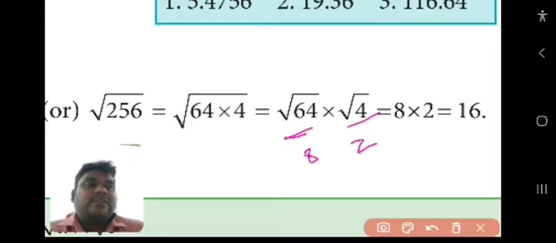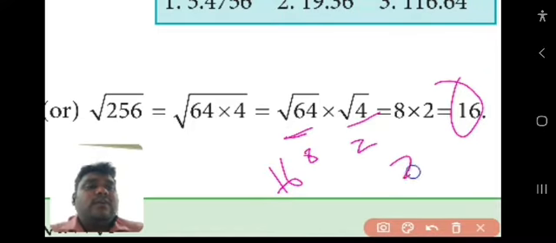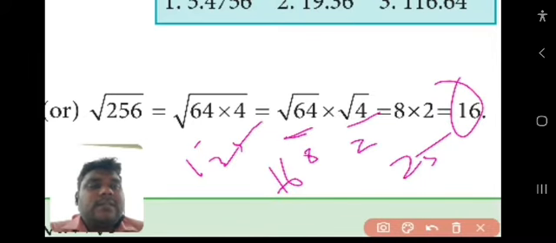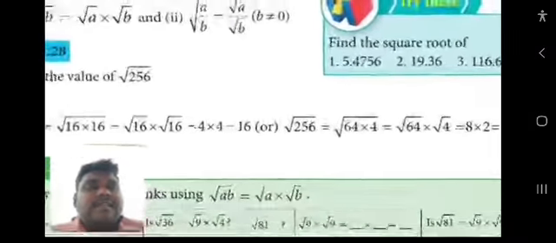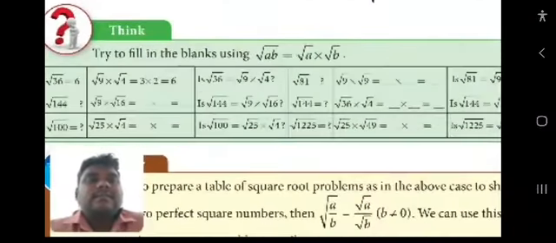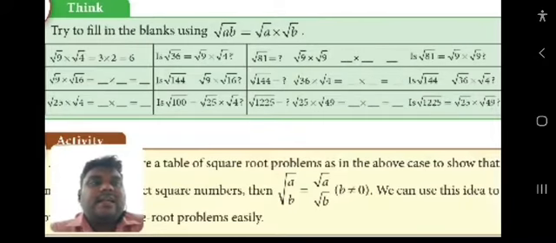So 8 twos are 16. We get the same value. Otherwise we know that 16 sixteens are 256, so directly you can put the answer: root 256 equals 16. It's a very easy one. And next, the table is there, you can try the table.